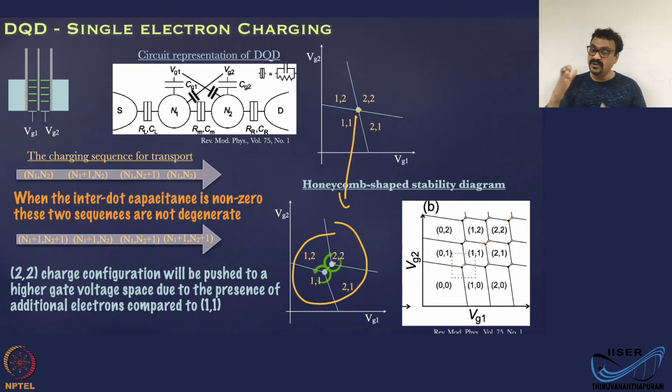Previously, they both could happen at the same gate voltage, but that's not a realistic situation. Now, this happens at a slightly positive gate voltage, but this happens at a slightly negative gate voltage. So, these two gate voltages and these two gate voltages. That means these two points now got separated.